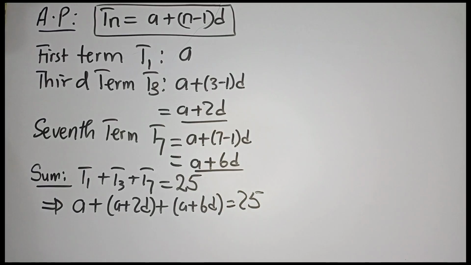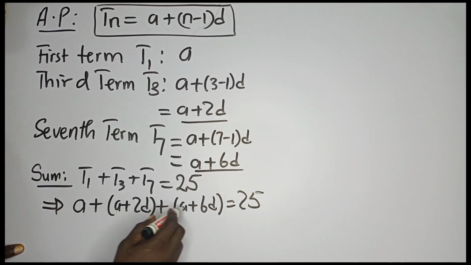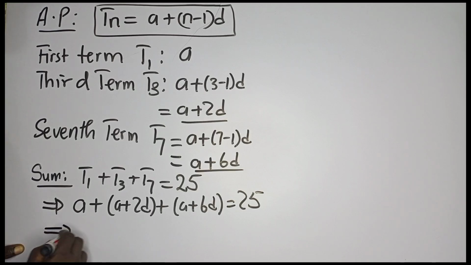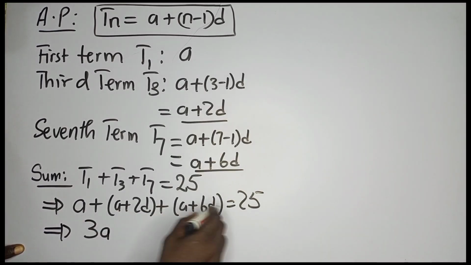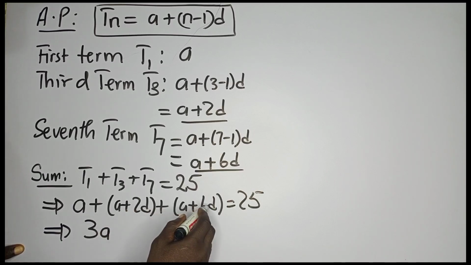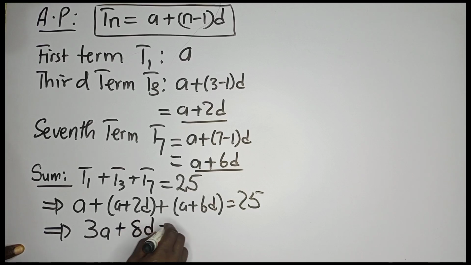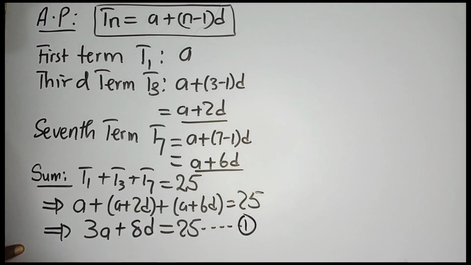All right, let's simplify this expression. We have A plus A, 2A, plus A, 3A. So we have 3A. Then we have 2D plus 6D, which gives us 8D. Everything is addition, so no difficulty. So 3A plus 8D is equal to 25. This is our first major information, and so we call it equation 1.